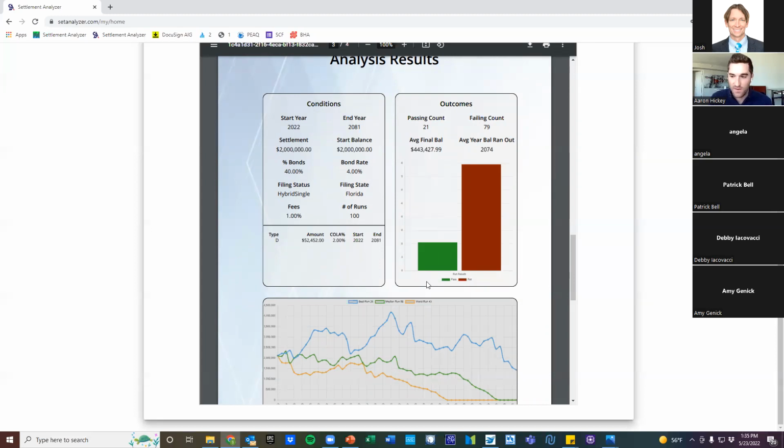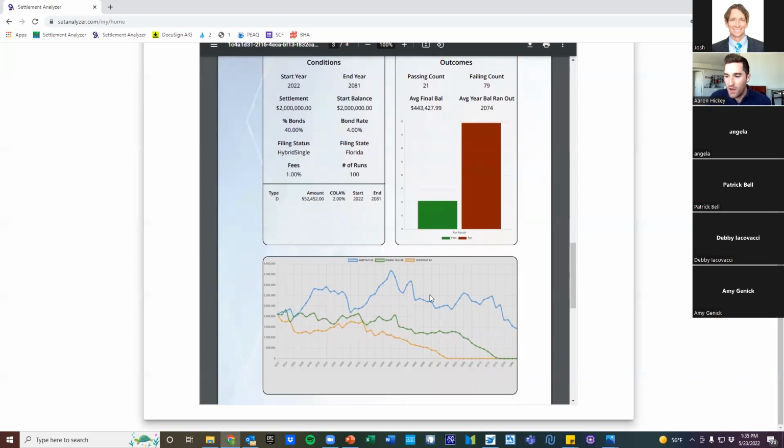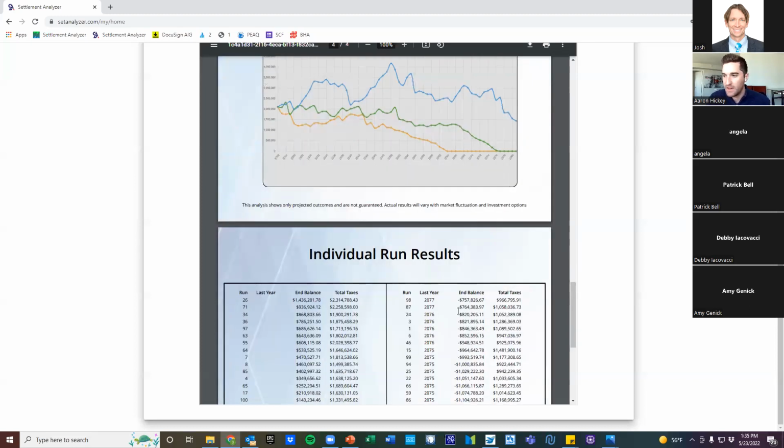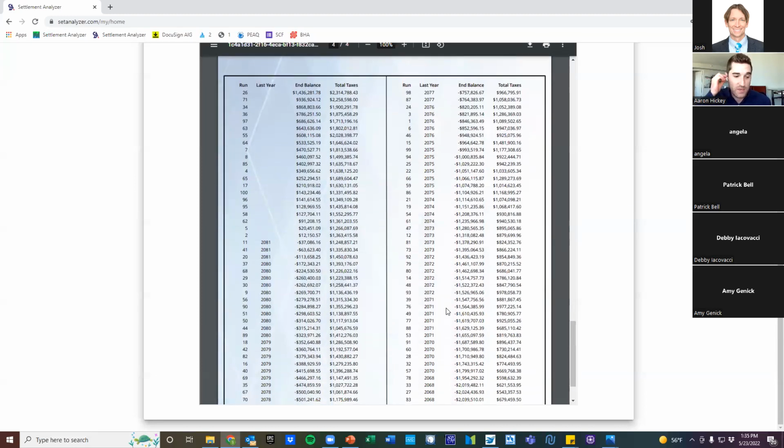It's black and white there for you. And then we put a snapshot of the graph in here again for best, middle, and worst runs. And the last page, should somebody really want it, is some information on every individual run. Again, we have all of the data. We're presenting all of the data immediately.